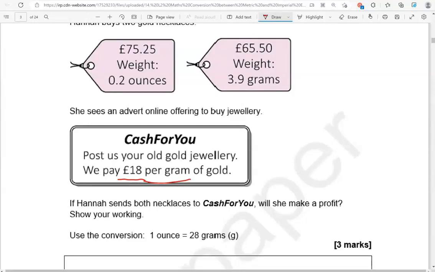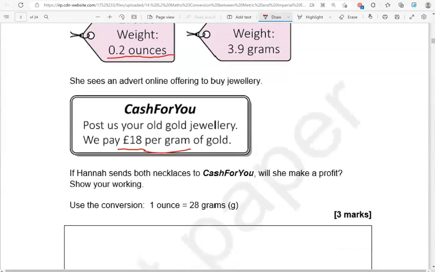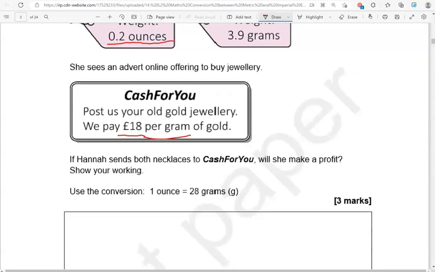The first one weighs 0.2 ounces, so that is 1/5 of an ounce. 1 ounce is 28 grams. So 0.2 ounces, what is that equal to in grams?